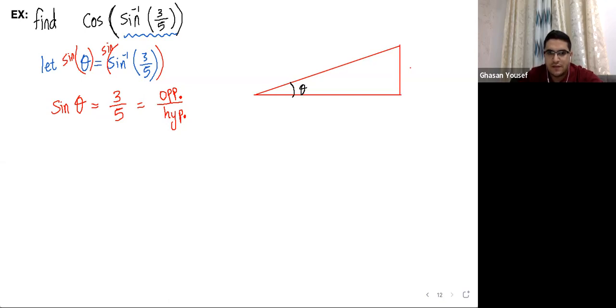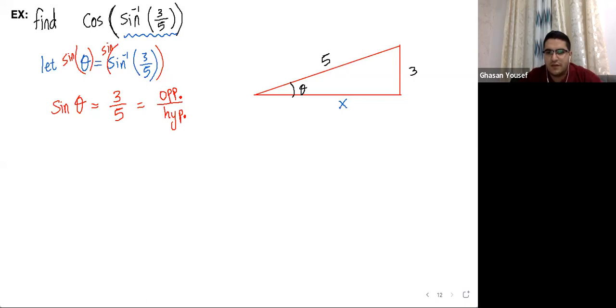The opposite is 3 and the hypotenuse is 5. Now you should find the value of x here. If you find the value of x, you can use this triangle to find the cosine of the angle theta.